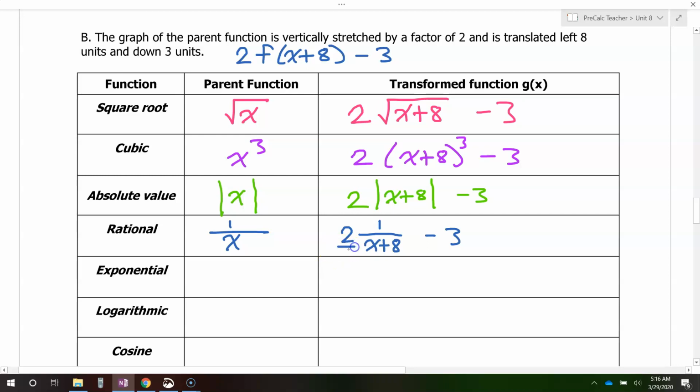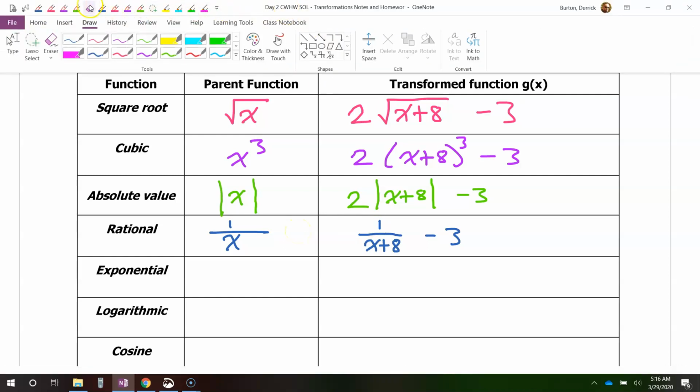But 2 is really 2 over 1, and when you multiply fractions together, you just multiply straight across. So 2 times 1. So this will quickly become 2 over x plus 8. That's really the way you want to write that. You don't want to leave the 2 out here. You want to go ahead and multiply it times the 1 and let that become a 2.